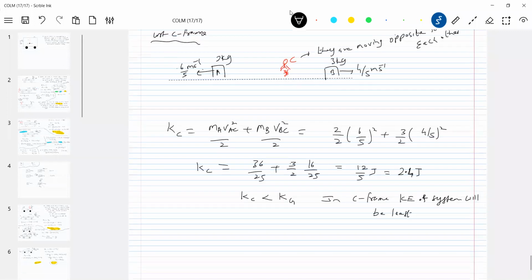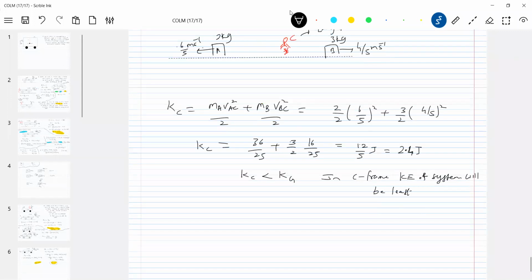What about momentum with respect to center of mass? Minus MA, straight away let me write 2 into 6 by 5 I cap plus 3 into 4 by 5 I cap. Look at the momentum, 0, no? What is the conclusion?